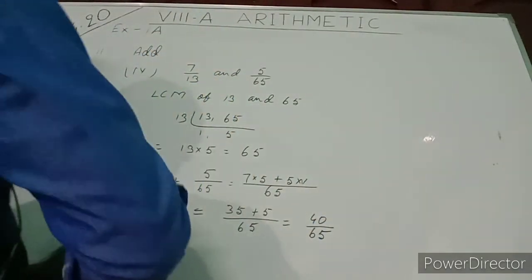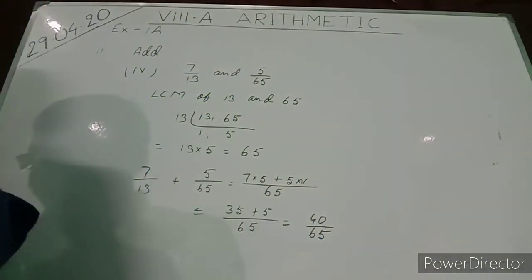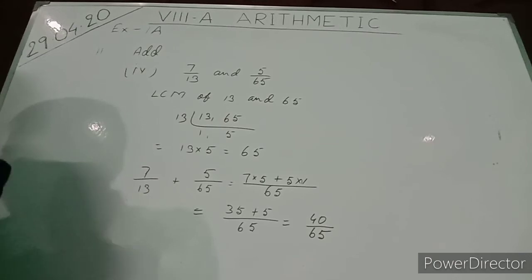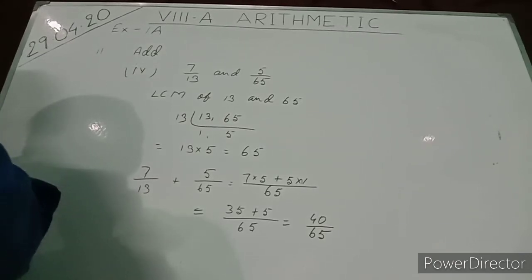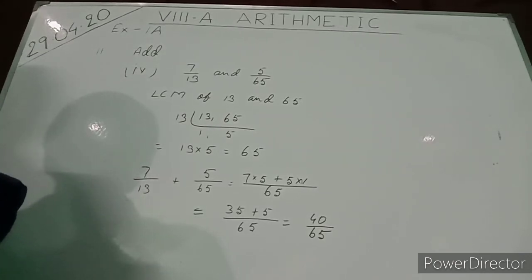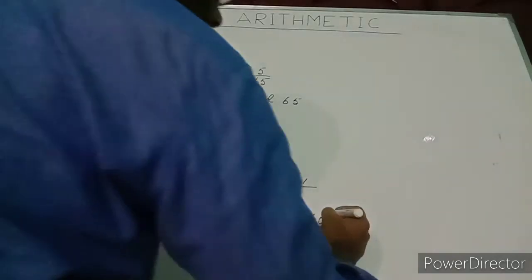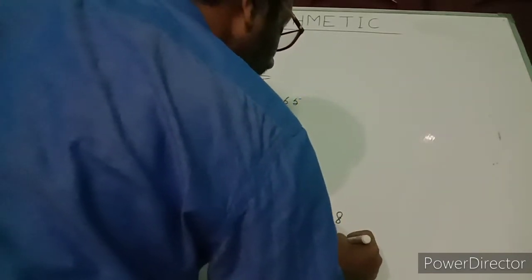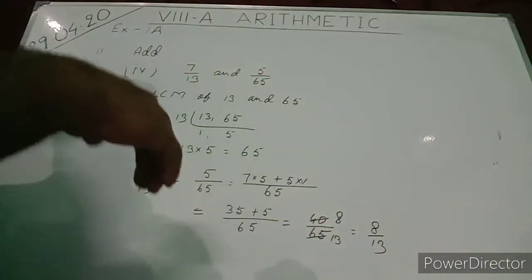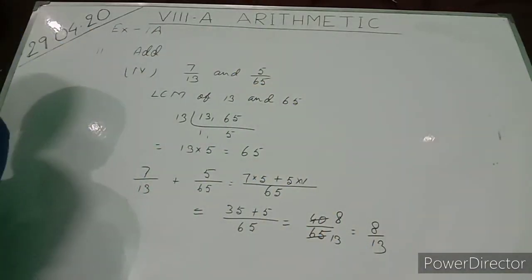We can change this into the simplest form. That will be 5 8s are 40, 5 13s are 65. So this answer became 8 by 13. The remaining I left for you to solve.